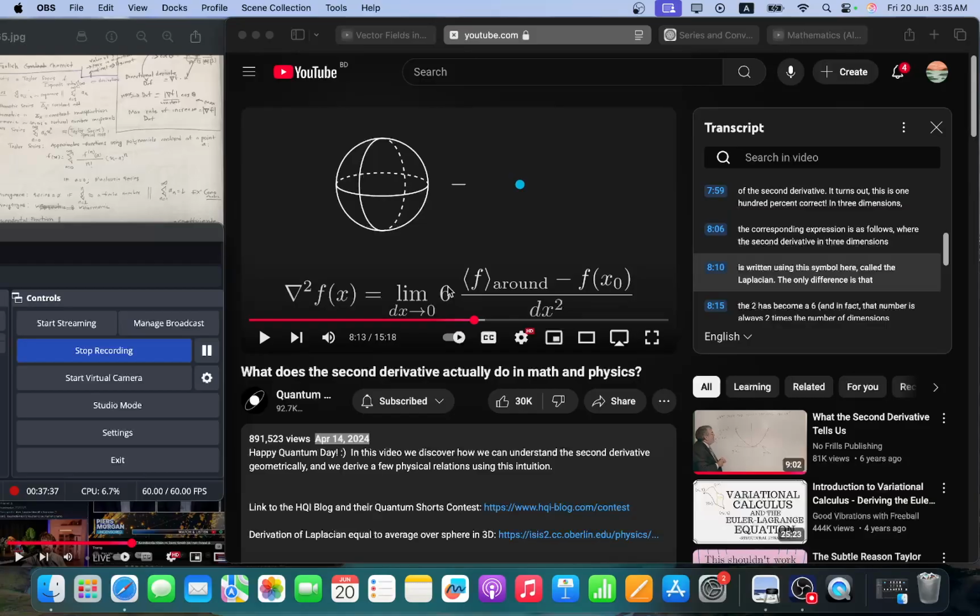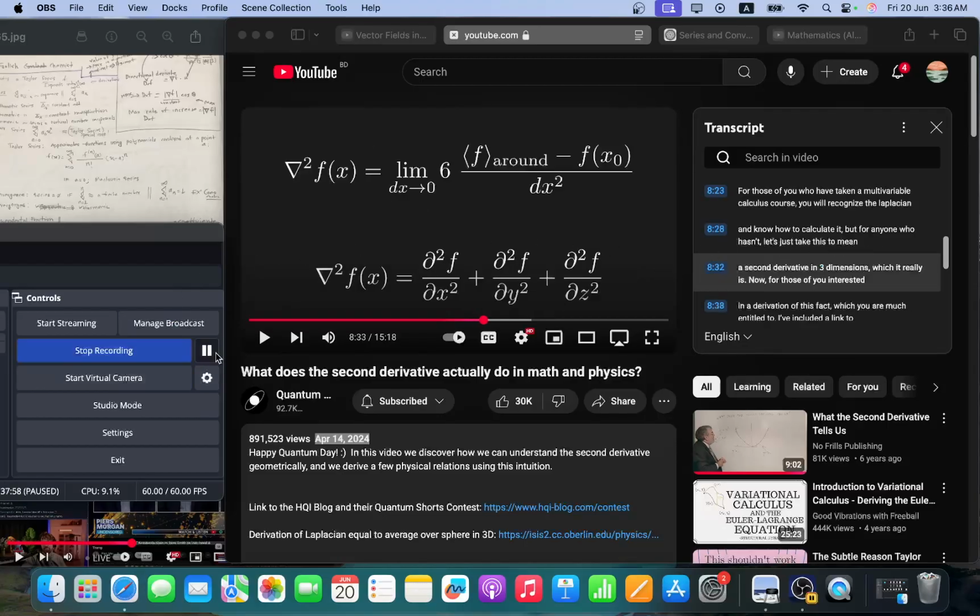If we had an existing 2 and we had 3 dimensions, we get 6. Or if we had an existing 3, which we didn't. I don't see how else we could have gotten 6 here. And the intuition was correct, and that number is always 2 times the number of dimensions you're in.